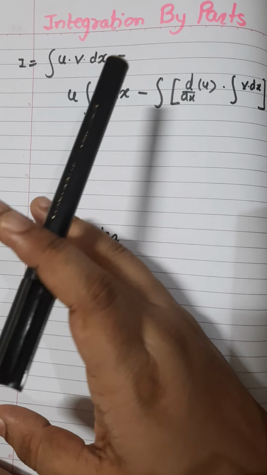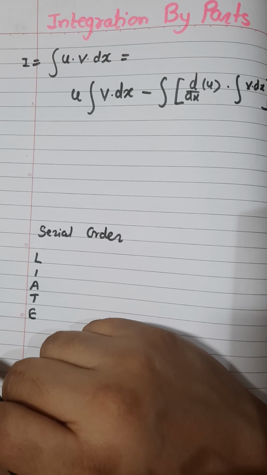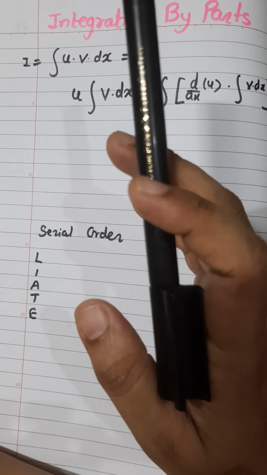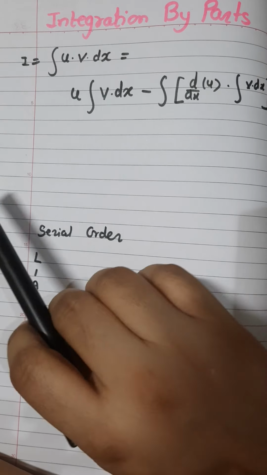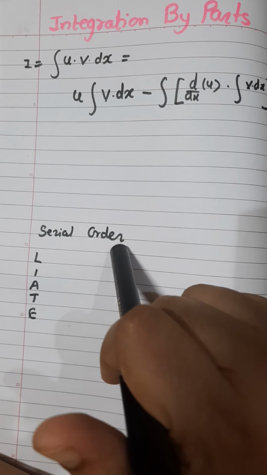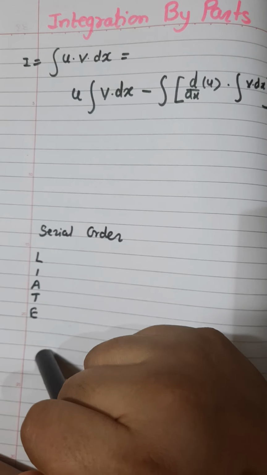In the question they may give you any two functions' product randomly. So first check the order. If the order matches with the given order, then proceed with this formula, else you have to rearrange the two functions with respect to the given order. Okay, and then you have to proceed further.